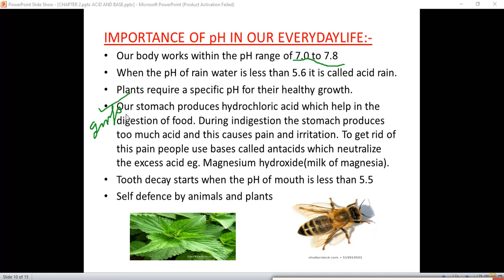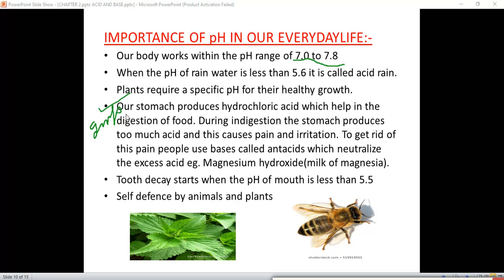By taking antacid tablets or magnesium hydroxide, which we call milk of magnesia. We even take sodium hydrogen carbonate, that is baking soda. Why do we take these antacids? Because these are bases and acid is produced in our stomach in large amount. So this base will neutralize the effect of the acid and give us relief.